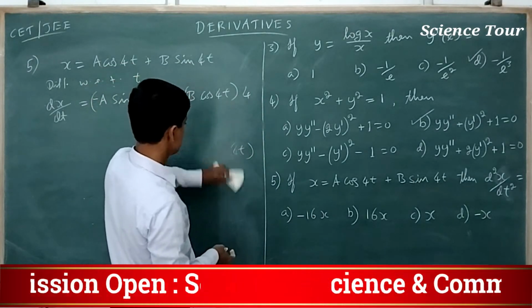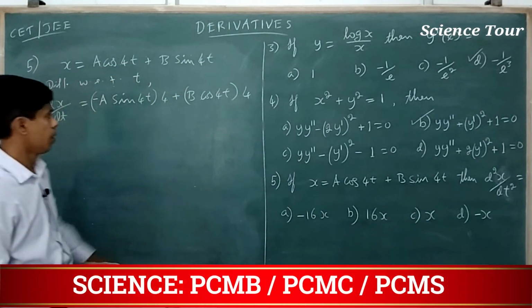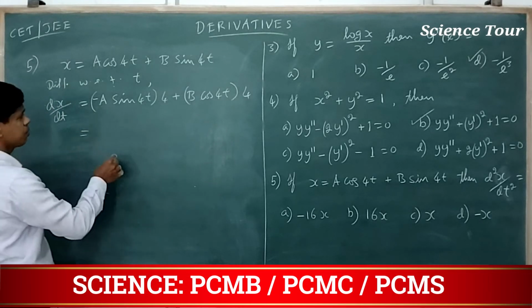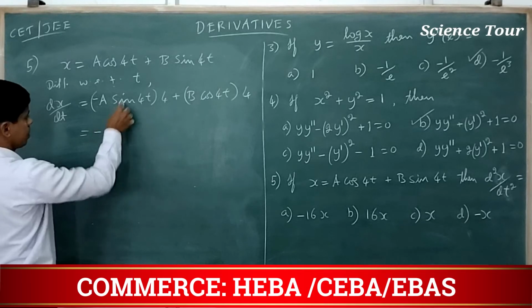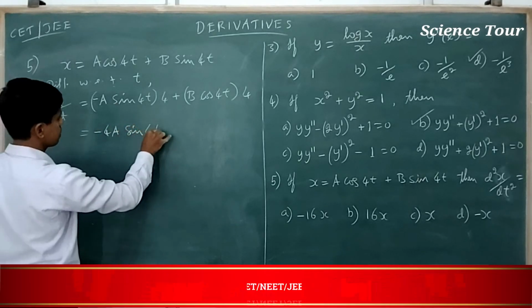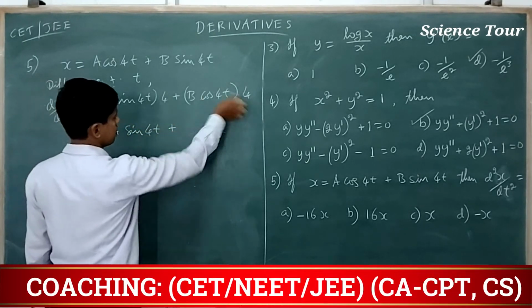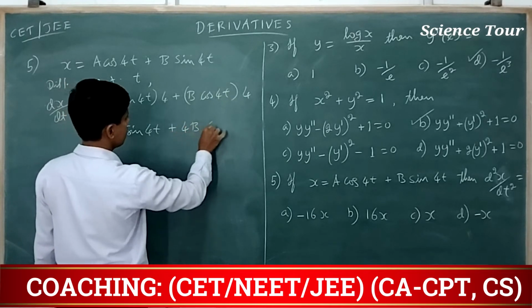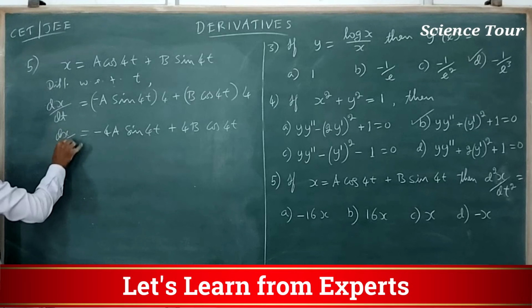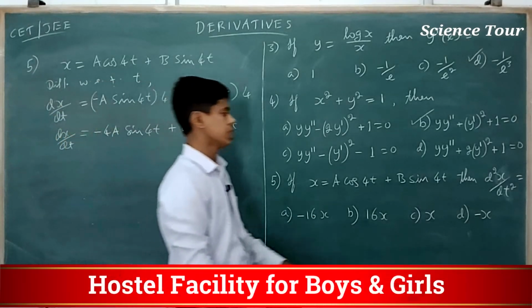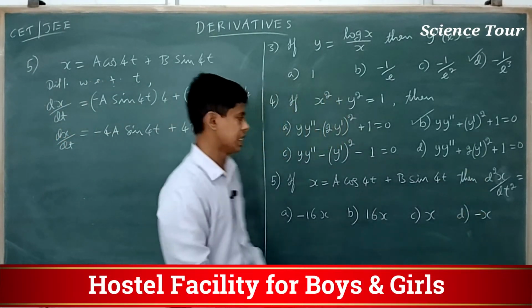Let me simplify this. So this will be minus 4a sine 4t plus 4b cos 4t, which is dx by dt.